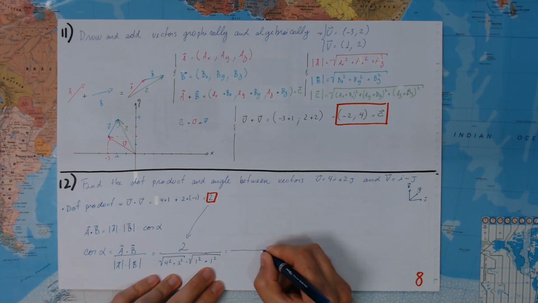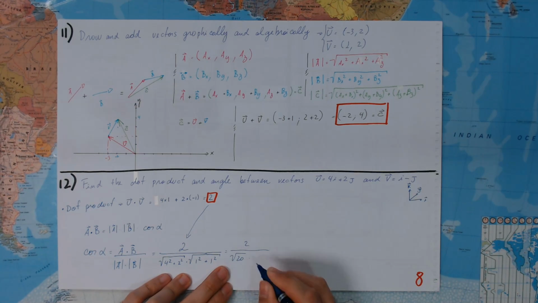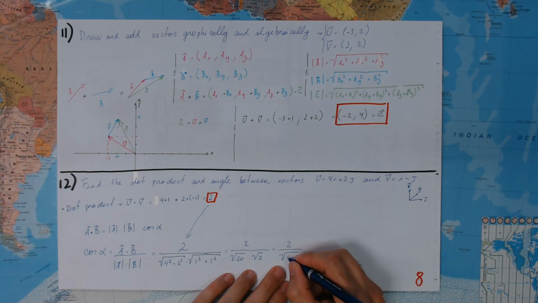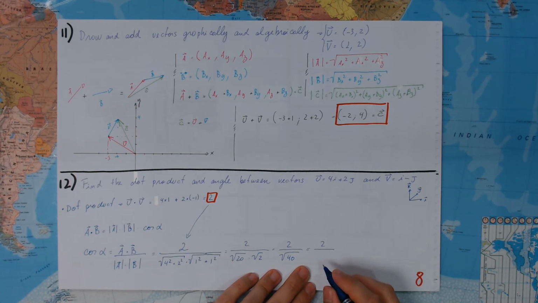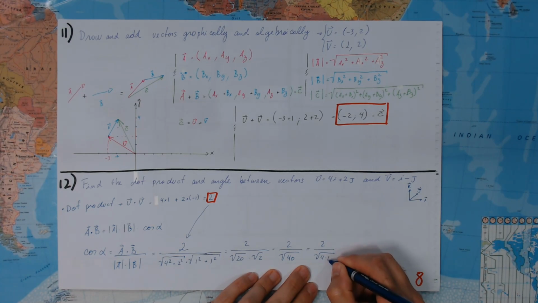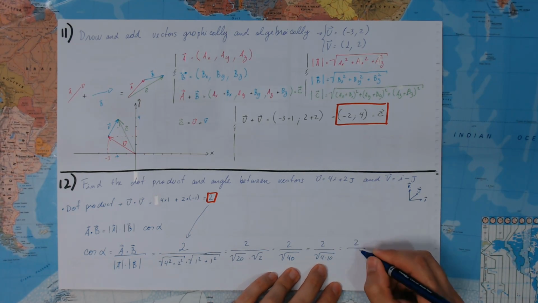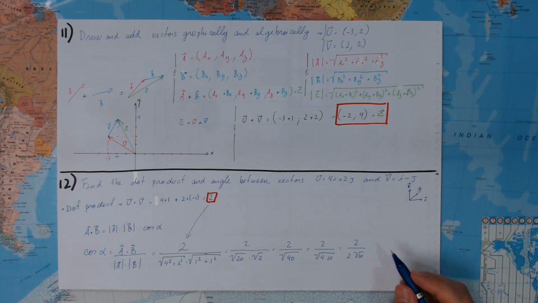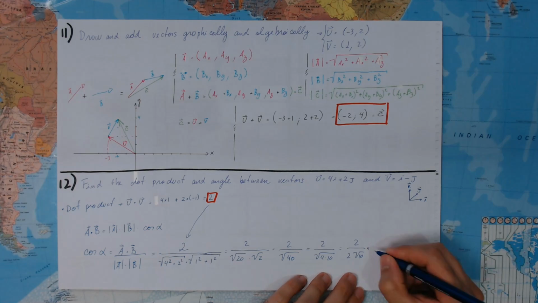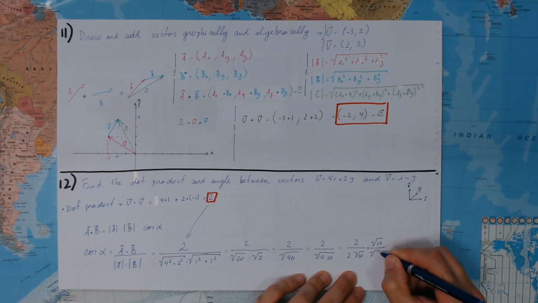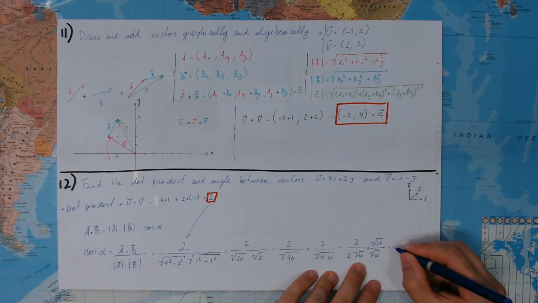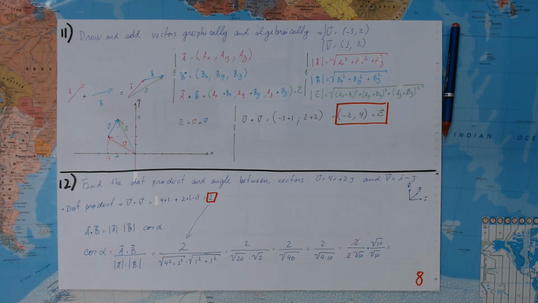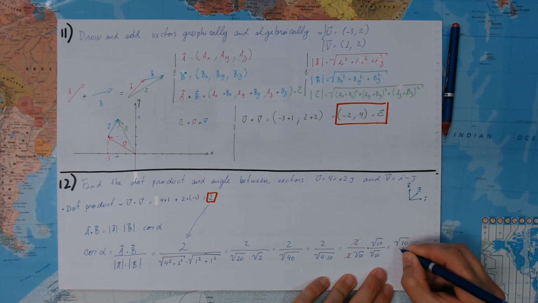This is going to be 2 divided by the square root of 20 times the square root of 2, so 2 over the square root of 40. 40 is 4 times 10, so we take out the 4 as a 2, and the 2 cancels with that 2. It leaves us with the square root of 10 in the denominator, but we don't usually write a square root in the denominator. To get rid of it, we multiply by the square root of 10. In the end, we have the square root of 10 divided by 10.